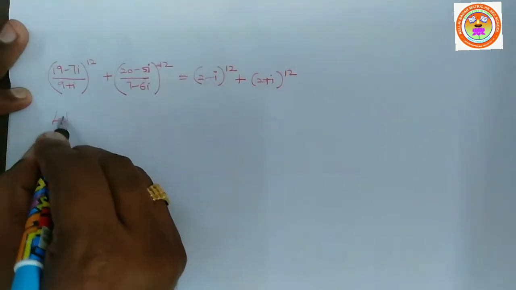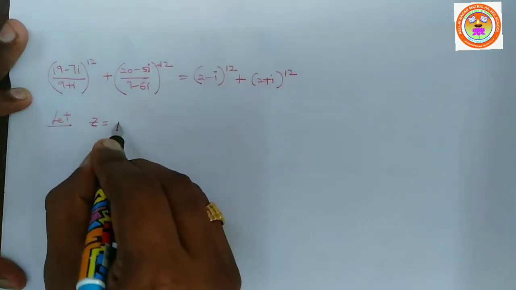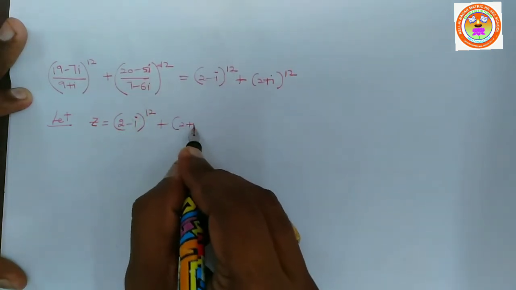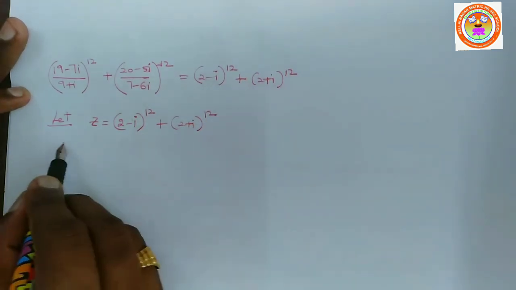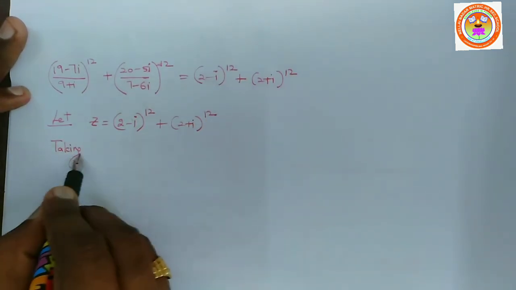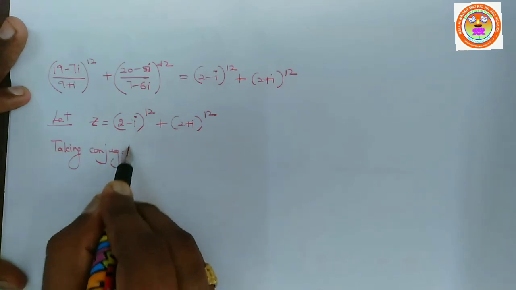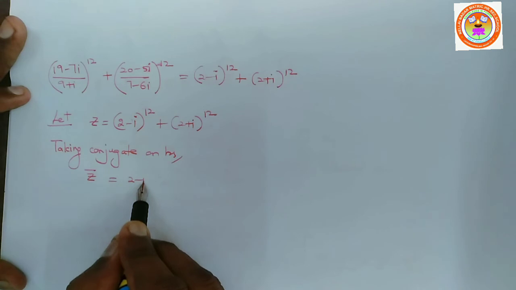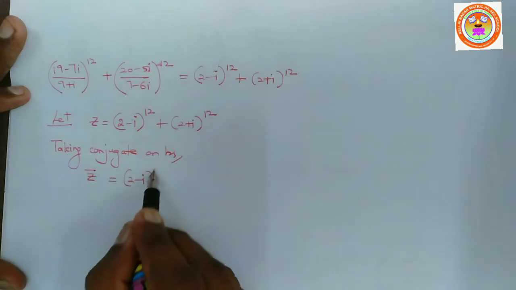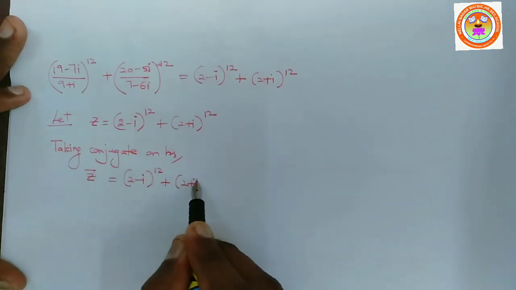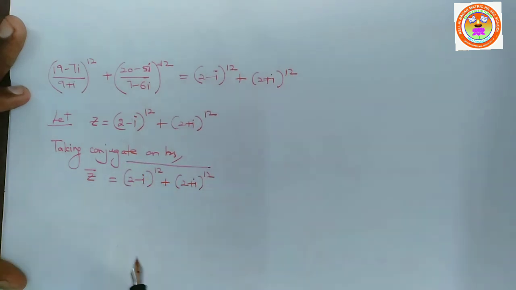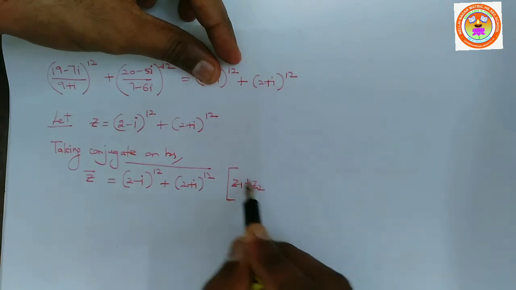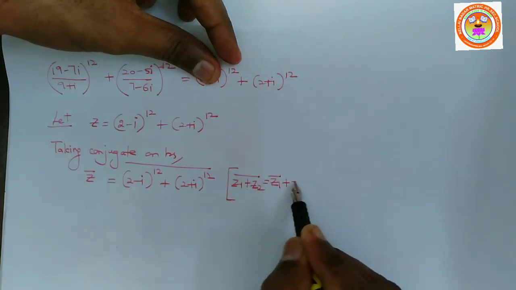Now I am going to consider, let z be equal to (2 minus i) whole power 12 plus (2 plus i) whole power 12. Taking conjugate on both sides, z bar is equal to the bar of (2 minus i) whole power 12 plus (2 plus i) whole power 12. We know one of the formulas: the bar of z1 plus z2 we can separate as z1 bar plus z2 bar.